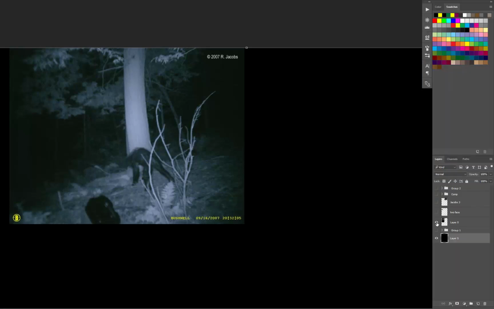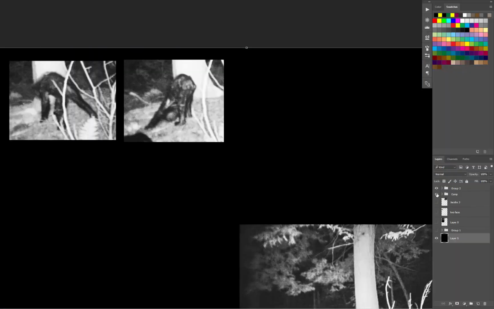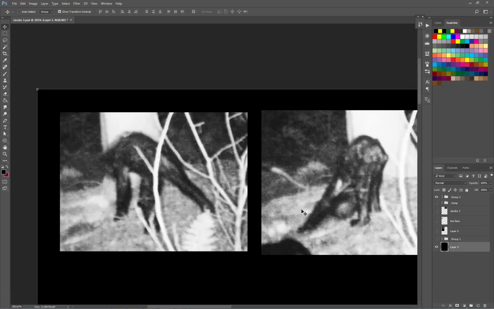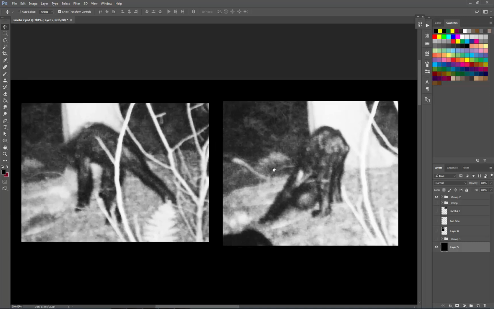Let's just hide these two, and I've already prepared a few things here. Actually, let's just bring up the whole tool section and layers and stuff.